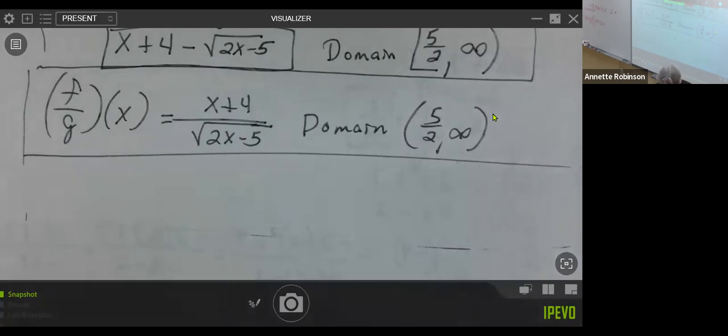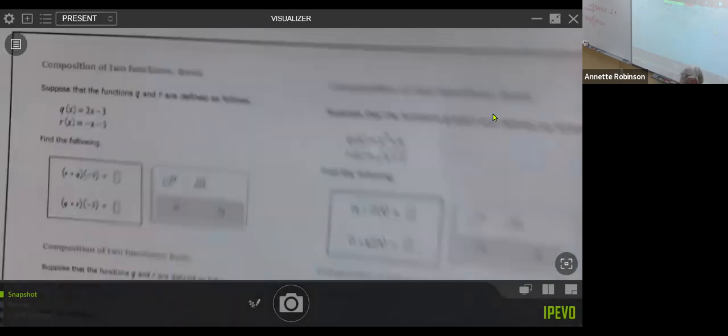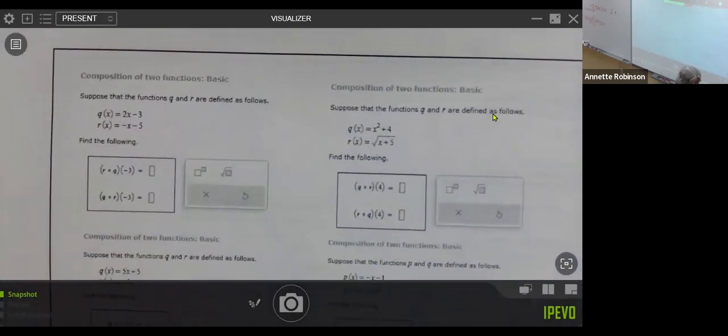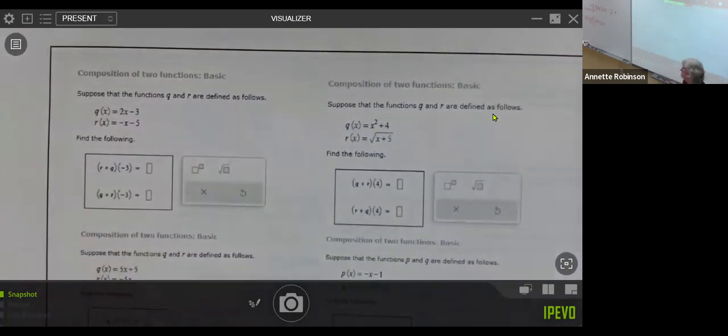The next one is composition of two functions, basic. I call composition of functions doing an f of g, a g of f.